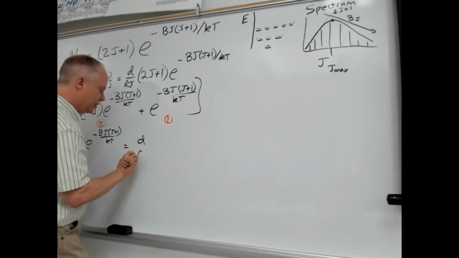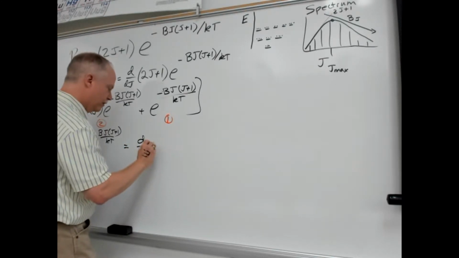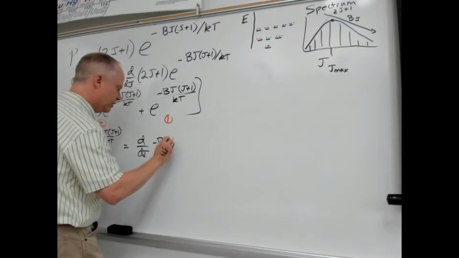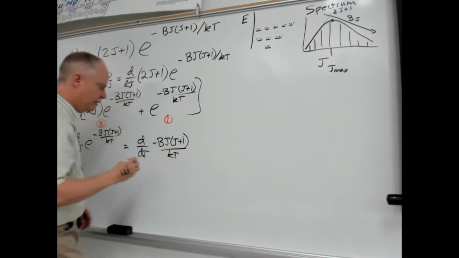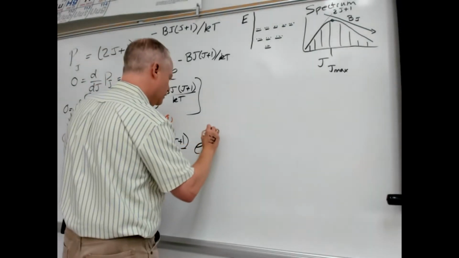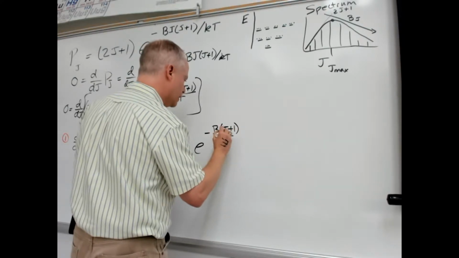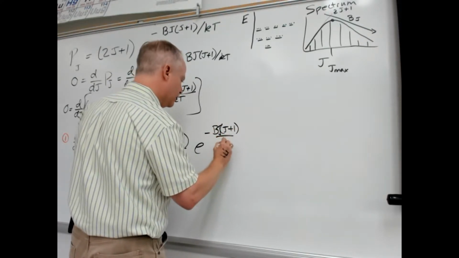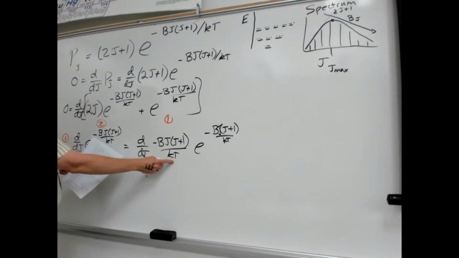So d dJ of minus B J plus 1 over kT times e. And so then we're doing the derivative with respect to J. So let's go ahead and do that on this piece here.